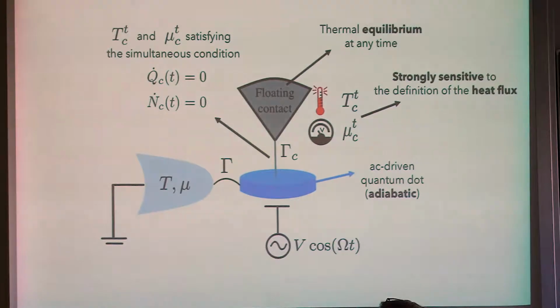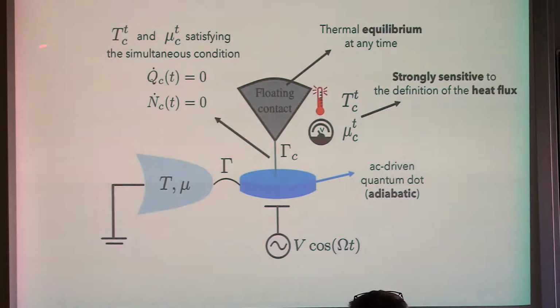So it is supposed to be at thermal equilibrium at every instant of time, so it can adjust its chemical potential mu and its temperature in order to prevent charge and heat accumulation in it.